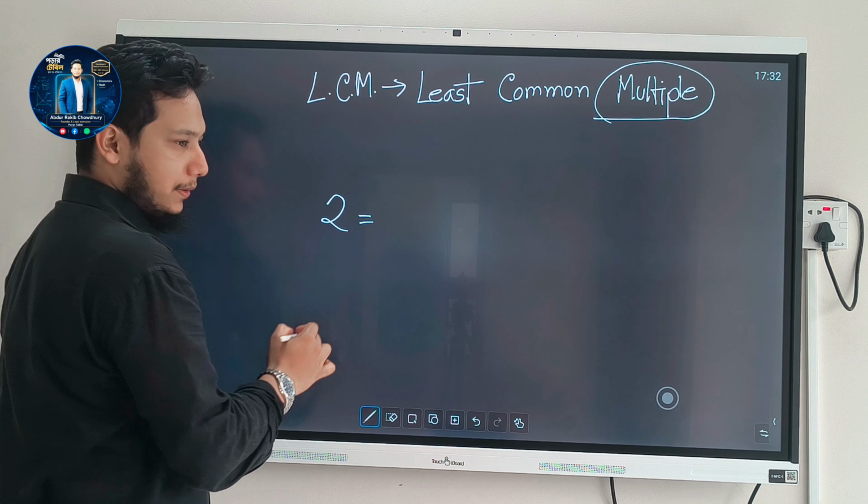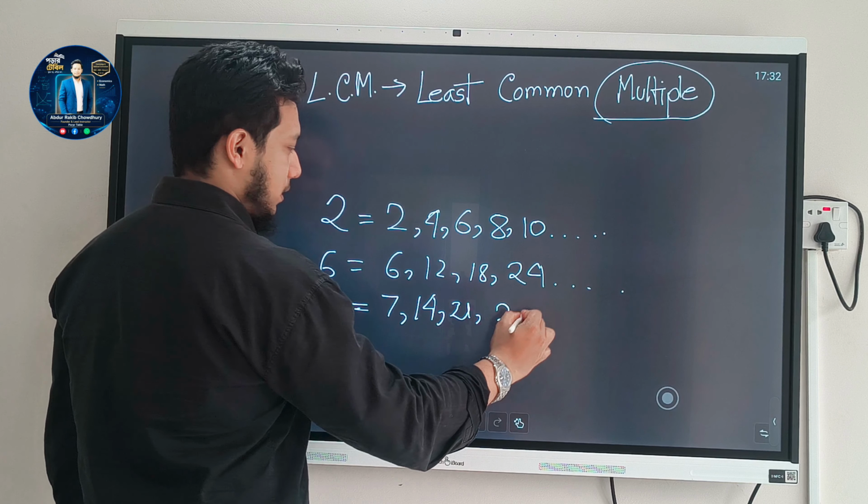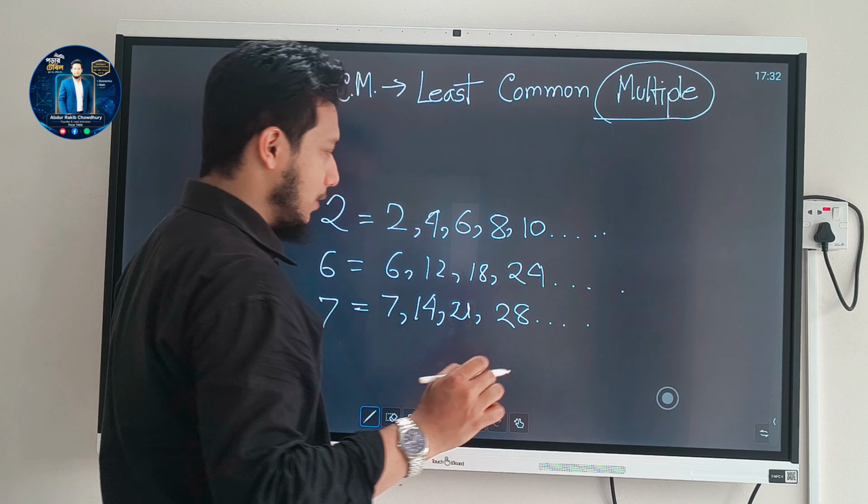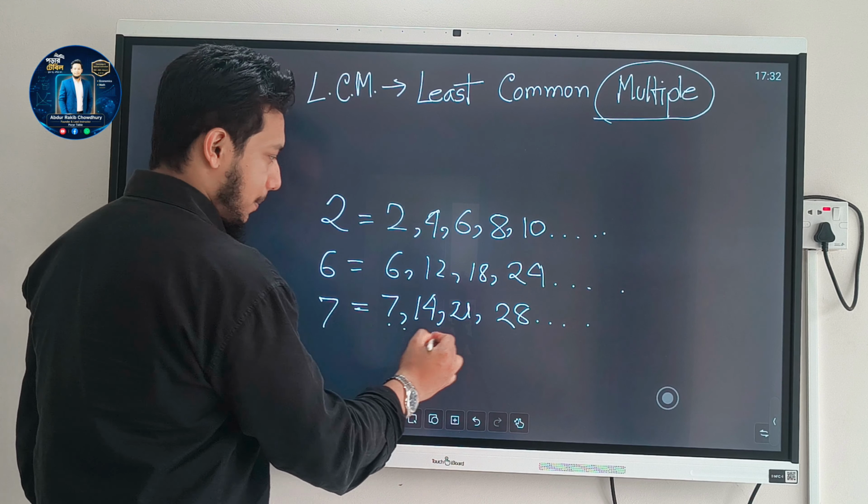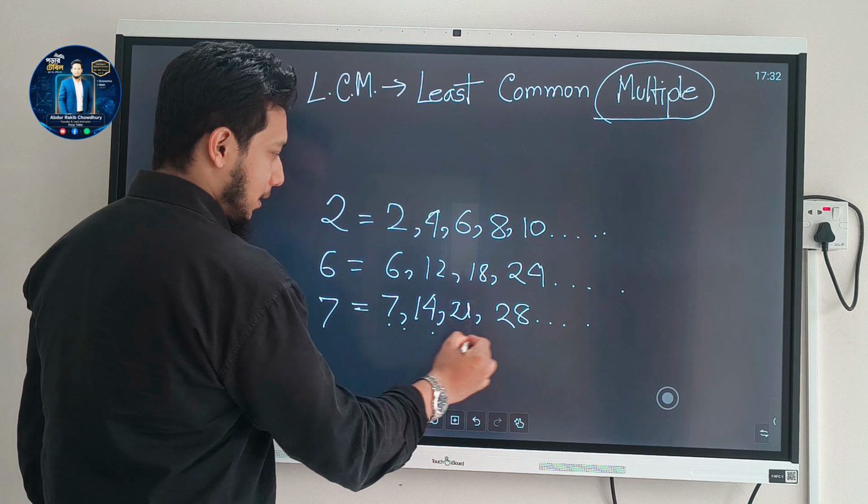If you take 7, 7 ones are 7, 7 twos are 14, 7 threes are 21, 7 fours are 28, and so on. So these are called the multiples of 7, the multiples of 6, and the multiples of 2.